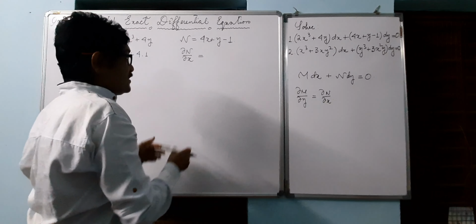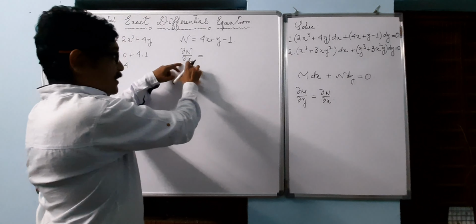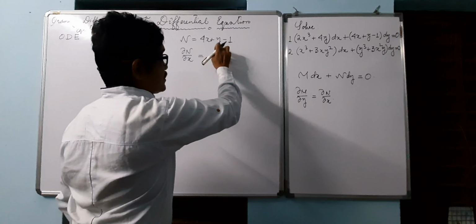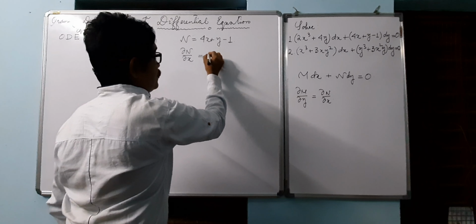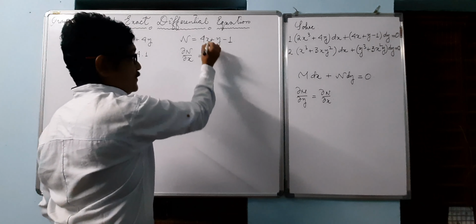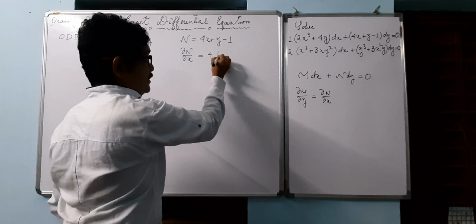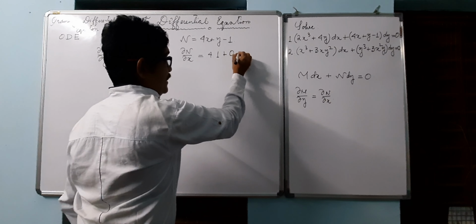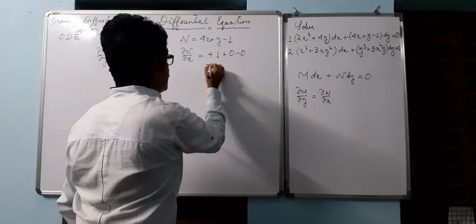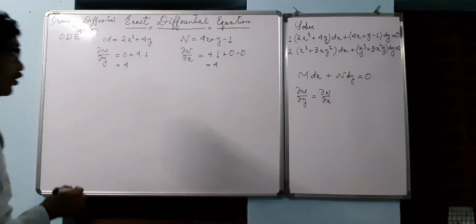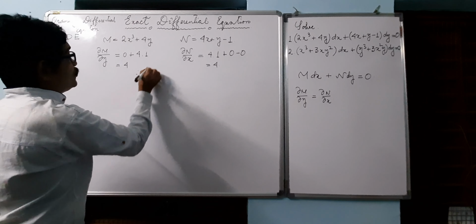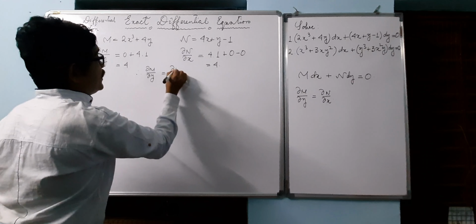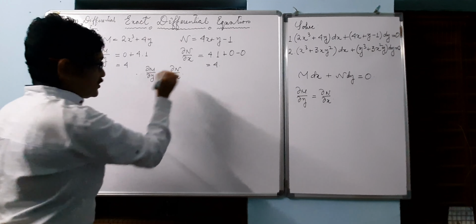And del N del x is the partial differentiation of N with respect to x treating y as constant. The derivative of 4x is 4, and the other terms are 0, so we get simply 4. We observe that del M del y equals del N del x.